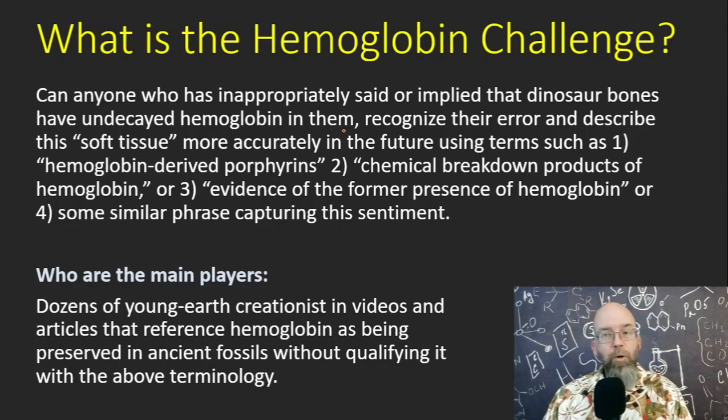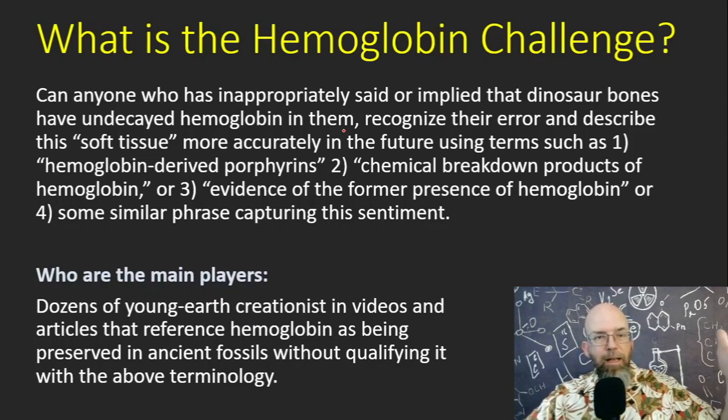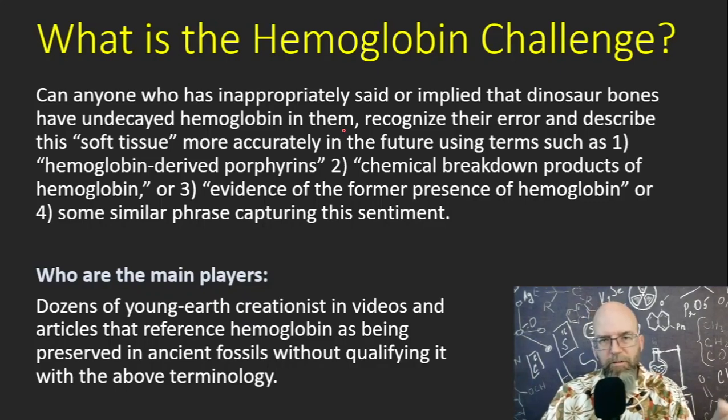Or maybe chemical breakdown products of hemoglobin, right? So what we find in the dinosaur bones is chemical breakdown products of hemoglobin. So we find evidence that they had blood, and we see some breakdown products of that blood. But it's not exactly like they just died yesterday and here's their blood and full-on hemoglobin proteins.